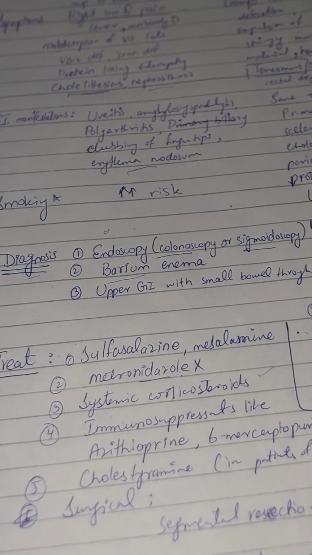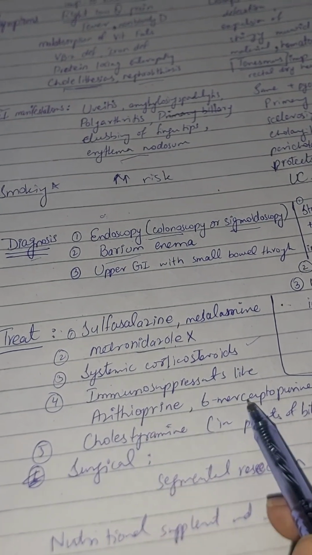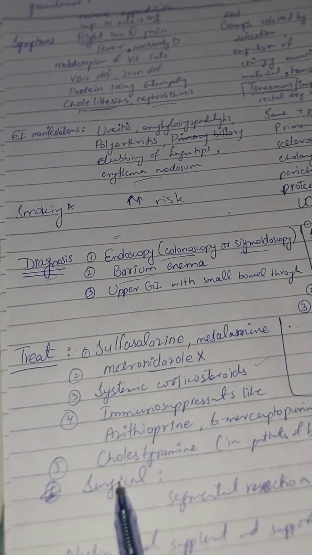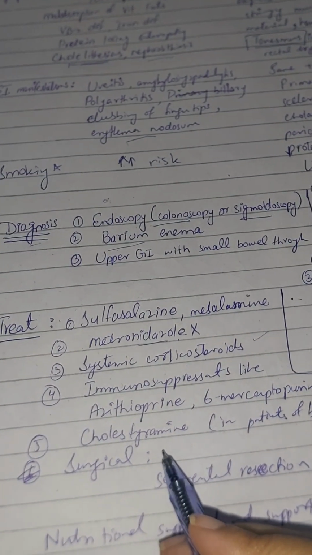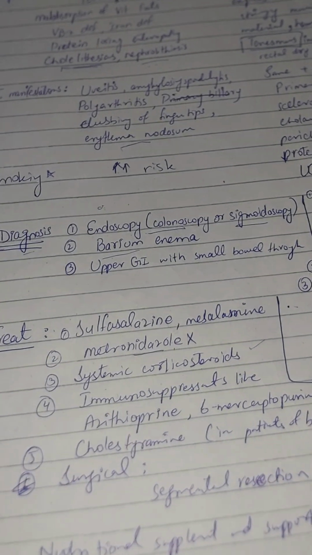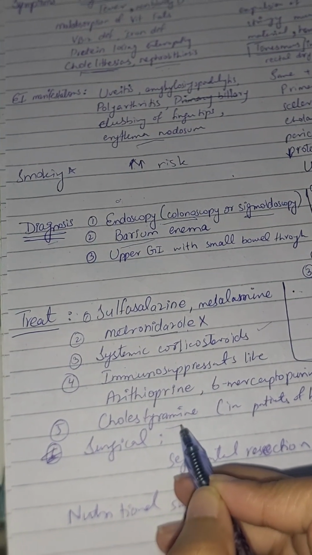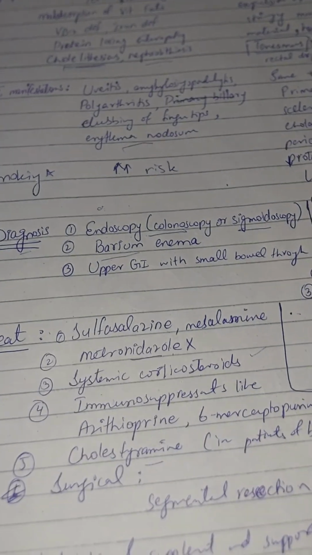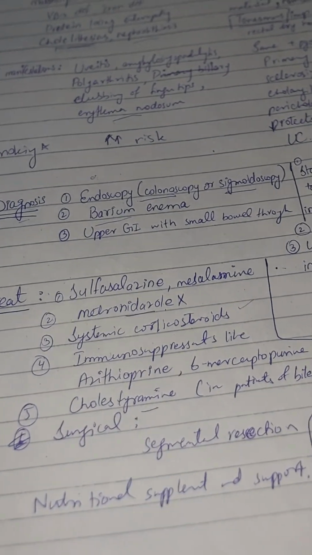There are exaggerated responses, so we will give immunosuppressants like azathioprine and 6-mercaptopurine. And if the patient has bile salt accumulation, that is bile stones, we will give cholestyramine, which is also an antilipidemic drug.